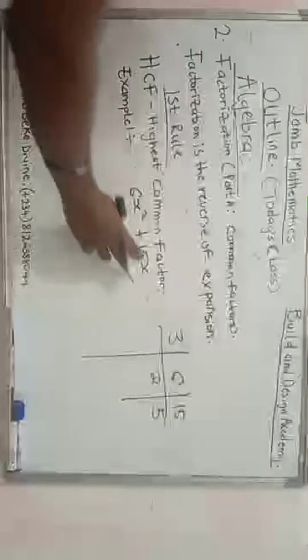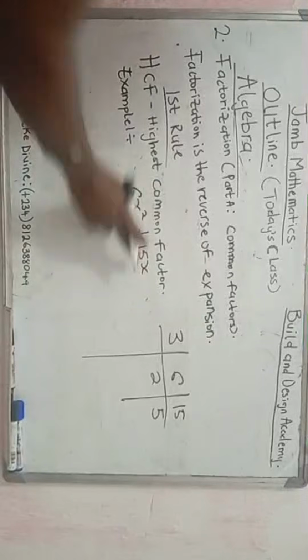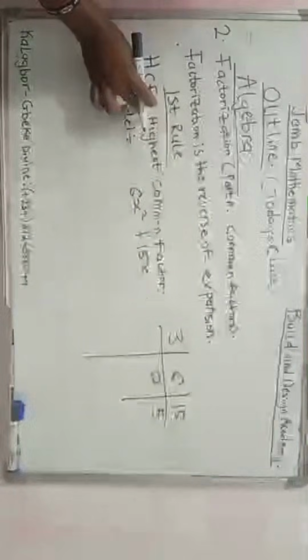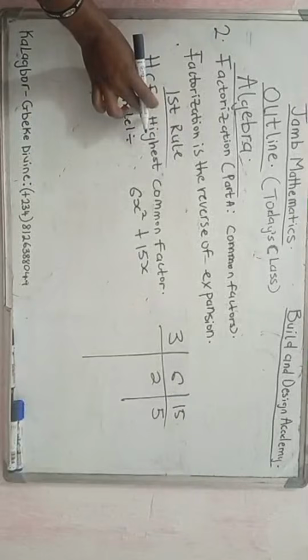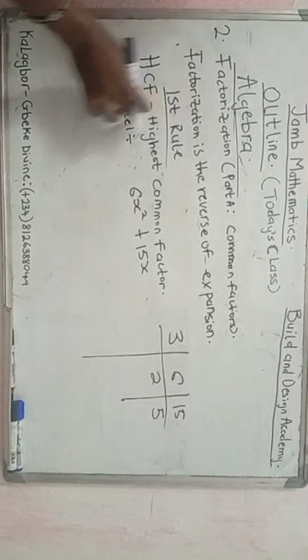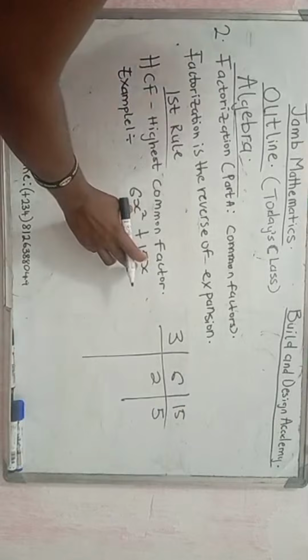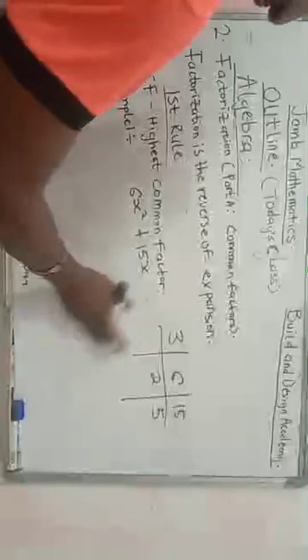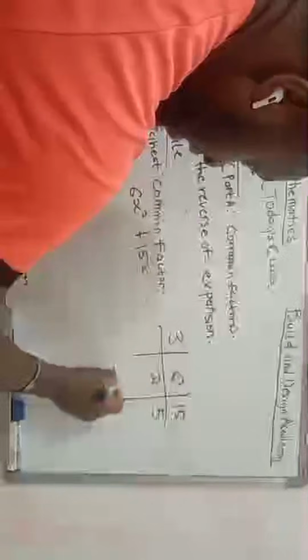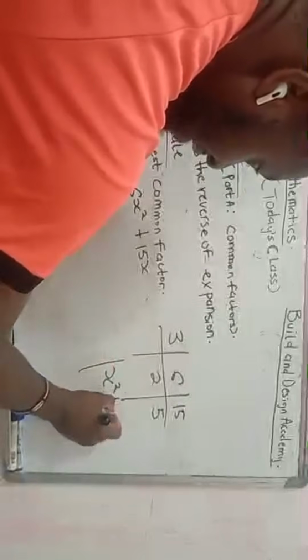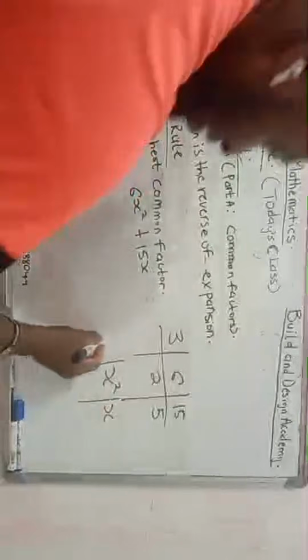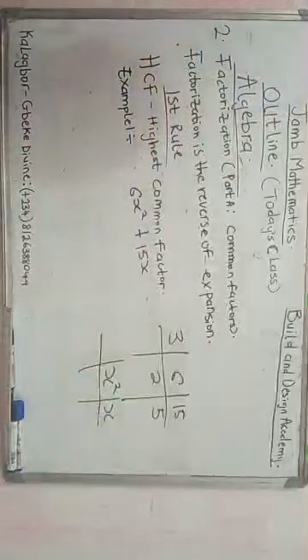So to factorize this expression, we simply get the HCF. Once we've gotten the HCF, we now look at the factors of the variables. Between x squared and x, what will divide both of them? What's the highest common factor between both of them?